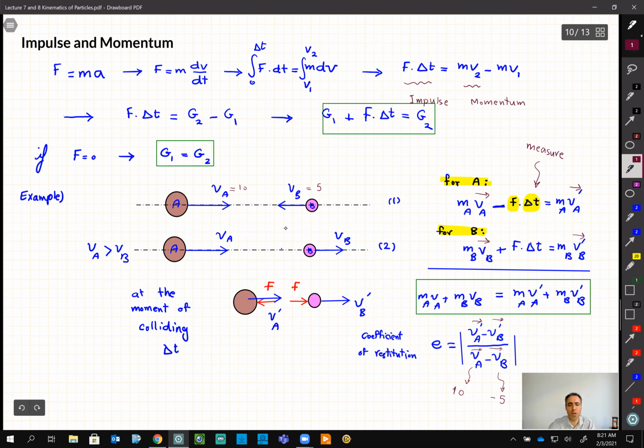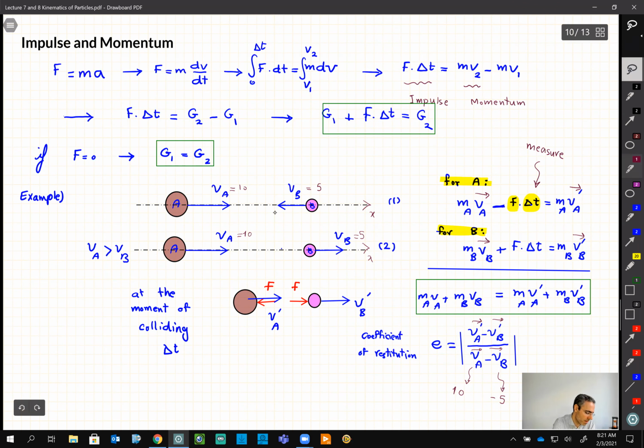So now if you're solving for scenario number one, if you are considering, let's say, the motion to the right to be positive, then VA is 10, VB is -5. But if it is for scenario number two, if this is 10, this is 5, then you're going to put 10 and 5.